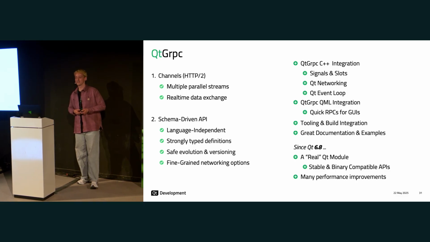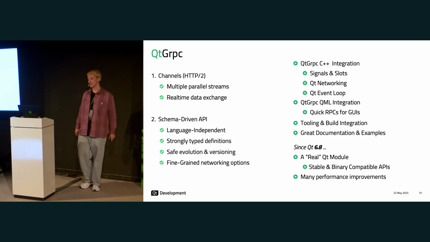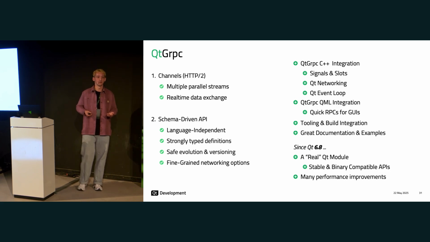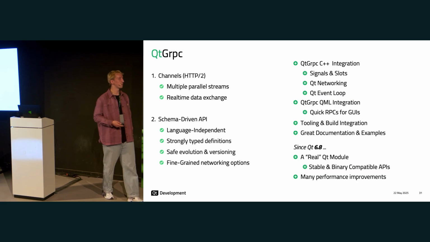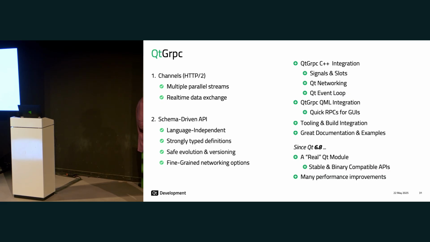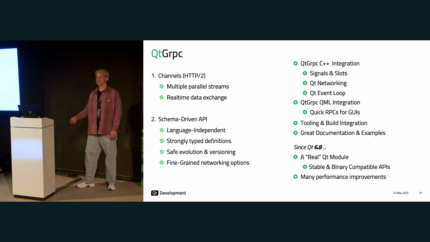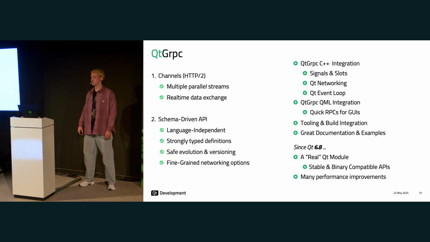So Qt gRPC, the C++ integration: we use signals and slots. I would say handling the asynchronous nature of RPCs with signals and slots comes quite naturally. It's really nice to do it that way. Also, we use Qt networking and not some wild custom implementation. So things like your QSslConfiguration options can be used, things that you already know.